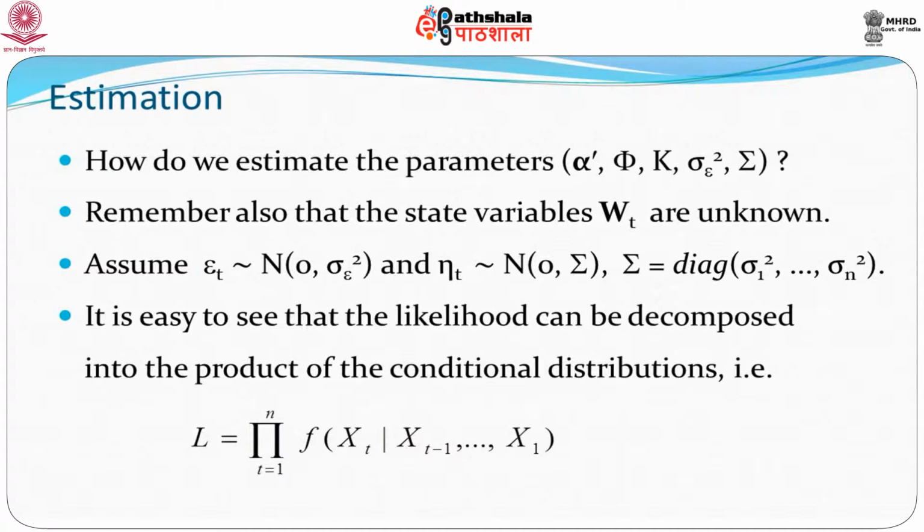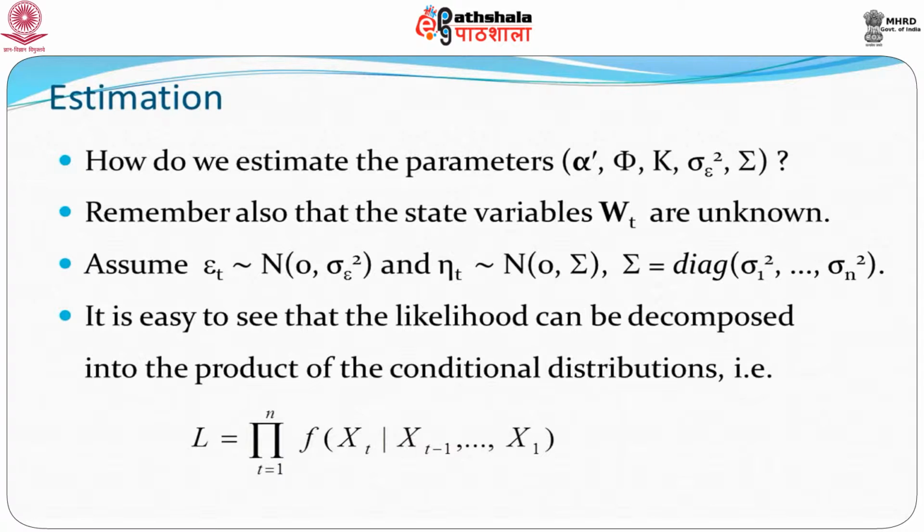Now, the question is, how do you estimate the parameters which are alpha and sigma epsilon square from the observation equation, phi, k and sigma from the state equations. So, the first three are the parameters involved in the equations themselves, and the last two are the variance parameters.